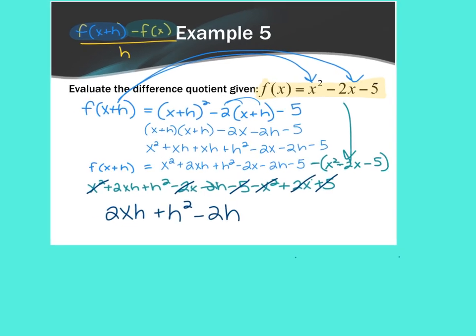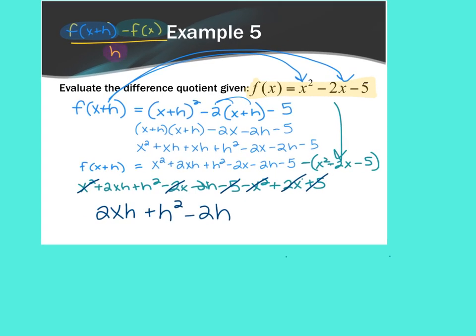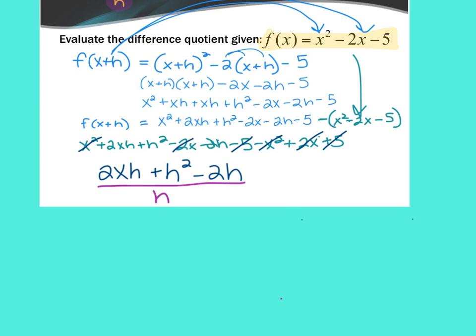Over h. So I take everything I just wrote and put it over h. And then what? Yep, you can simplify. Every term there has an h. Only if every term has the h can you simplify. So the h cancels, and I get 2x plus h minus 2.